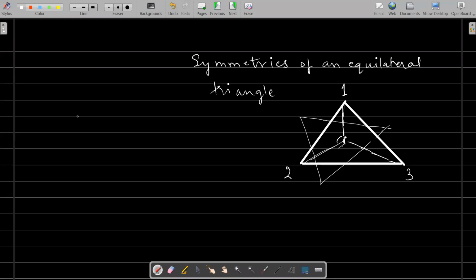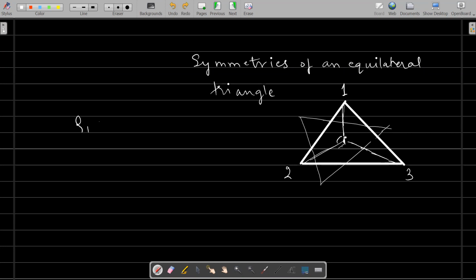Okay, so I'll represent it this way. One rotation by 120 degrees is called rho 120, or sometimes just rho 1. So I'll call it rho 1.